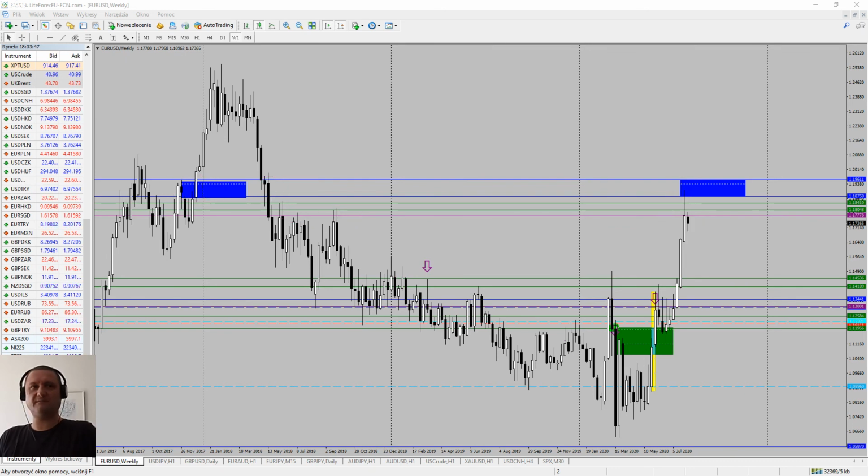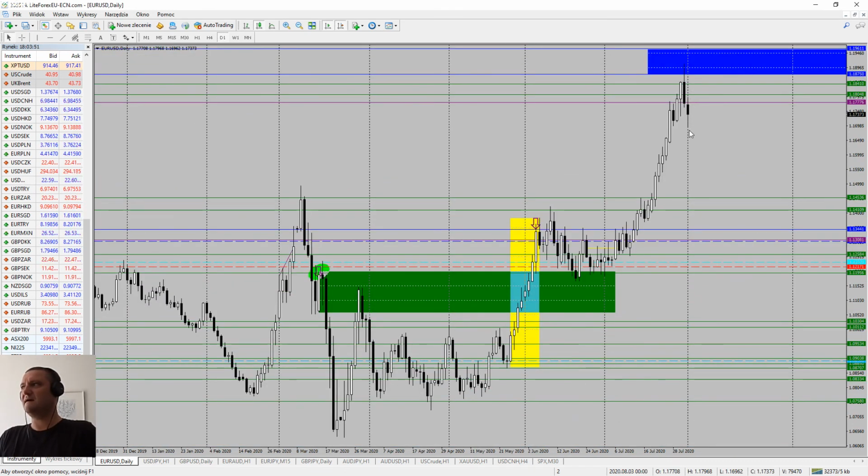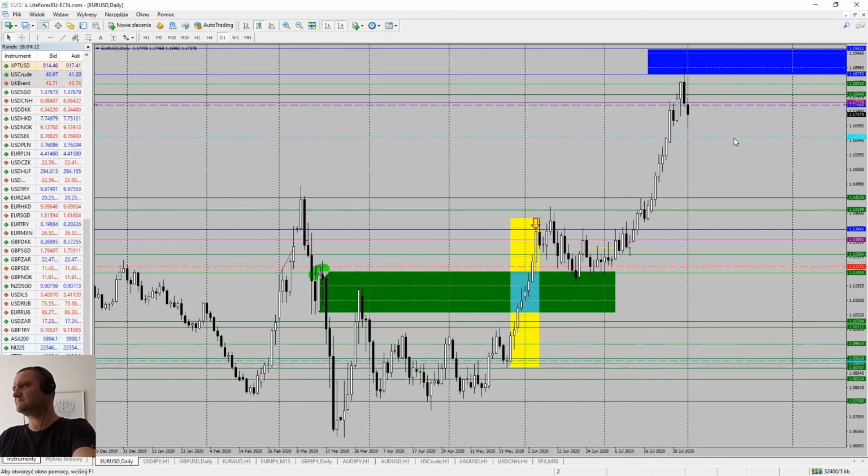Let's switch to the daily chart, and when it comes to the daily chart, if we are going to manage a close below Thursday low, Wednesday low, and the Tuesday inside bar, there is a possibility we are immediately opening the levels related to the previous week open somewhere towards here.